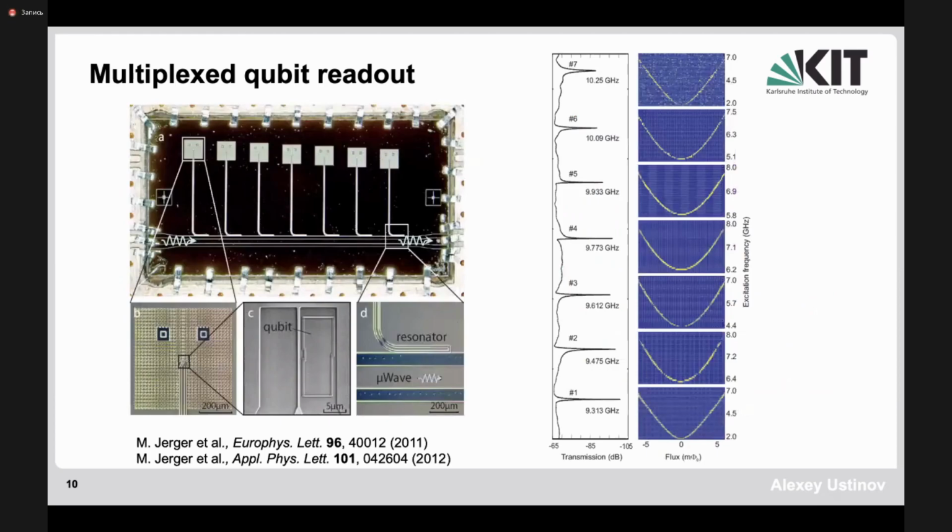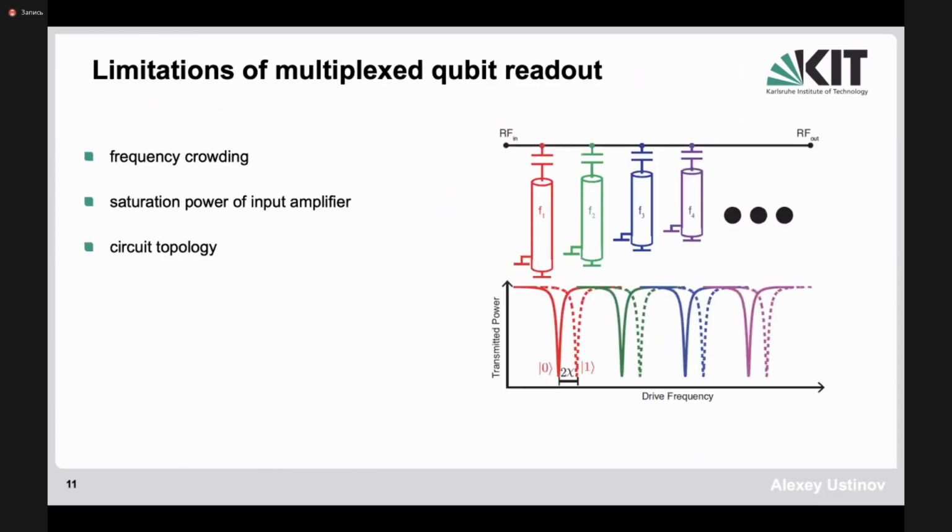This slide I already showed, just reminding you. This was actually done about 10 years ago for the first time in our lab in Karlsruhe, but then was fully accepted by the whole community and is kind of standard these days around the world.